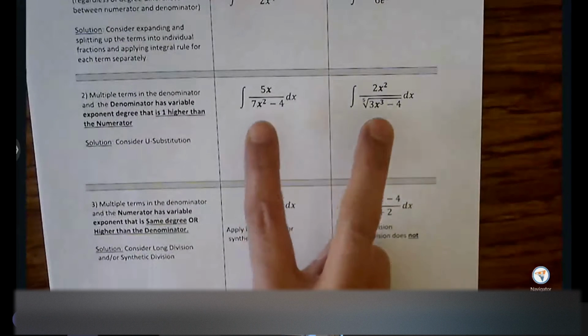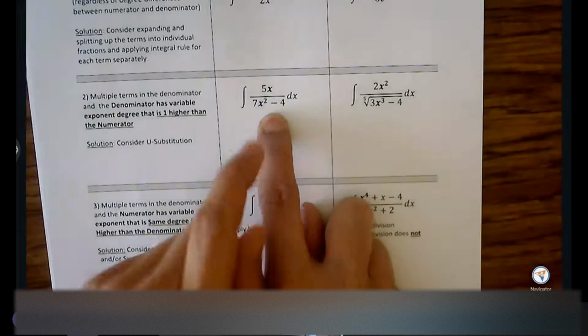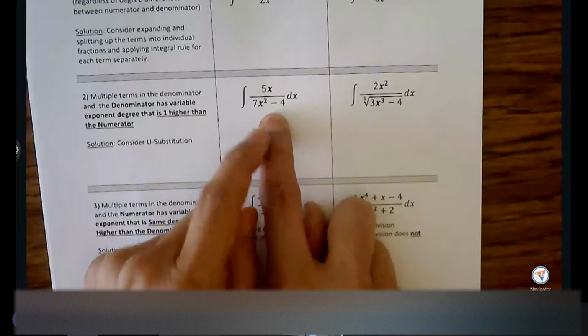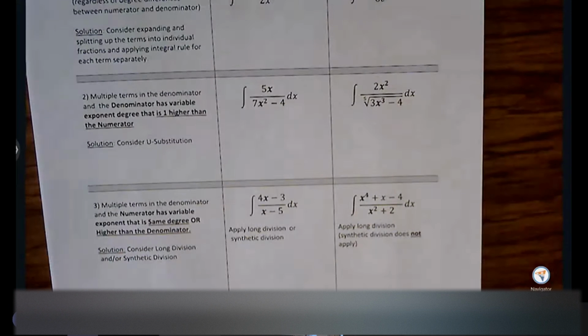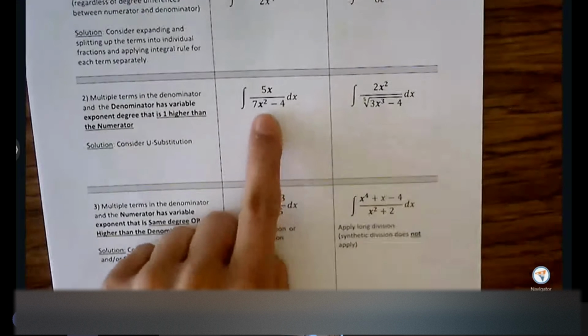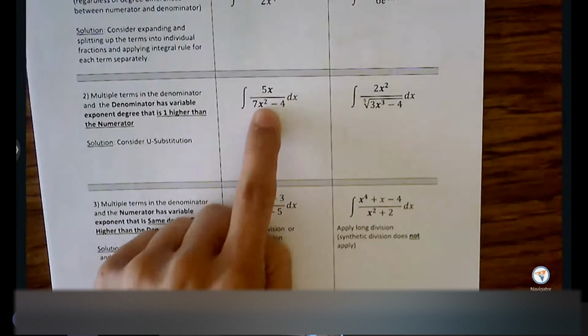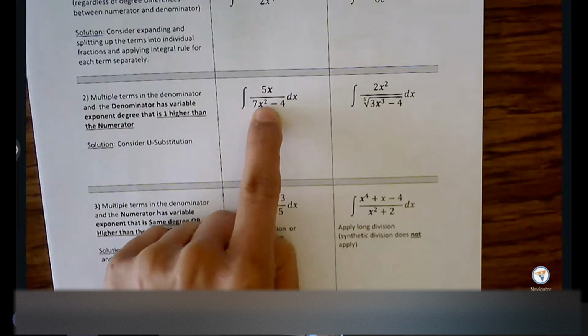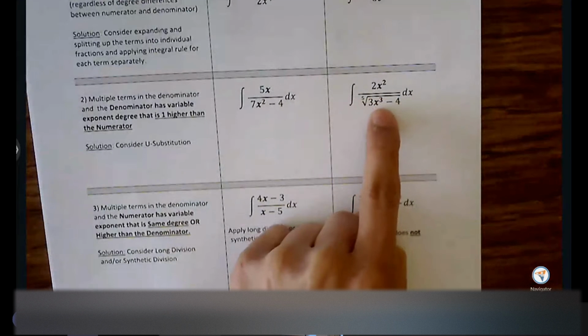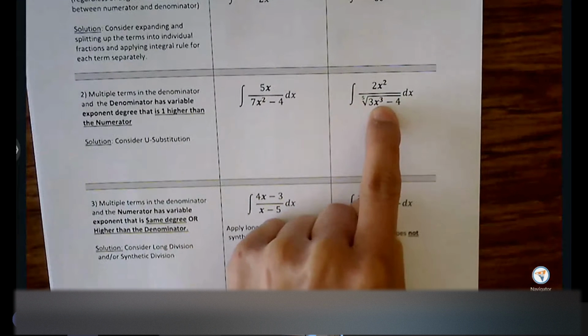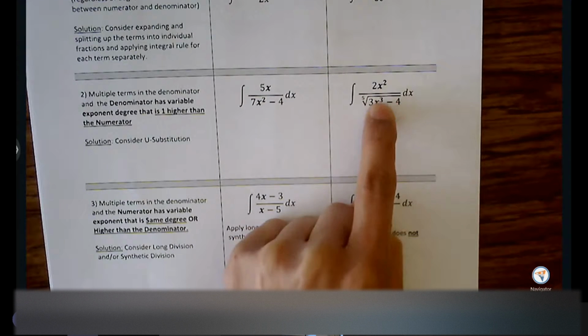Now here's the second example. Now we're in the territory of more than one term in the denominator. So if it's more than one term in the denominator, you know that we're not going to be able to split up. Expansion is not going to be an option. But look at the denominator versus numerator. You see how the denominator is 1 degree higher than the numerator? Also here, don't worry about the fifth root. Look at the x cubed. The x cubed is 1 higher than the numerator.